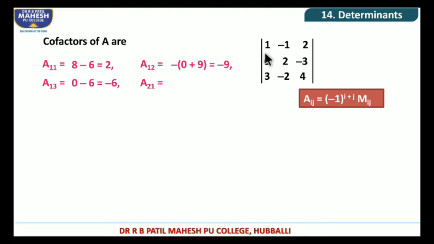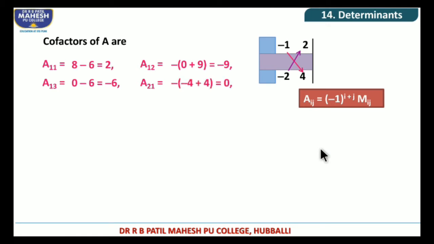Next we have to find the cofactor of the element 0. We delete the second row and first column, and for this one we have the sign minus. Next, minus 1 into 4 is minus 4, minus of minus 2 into 2 is minus 4. So minus 4 and minus of minus 4 becomes minus 4 plus 4.